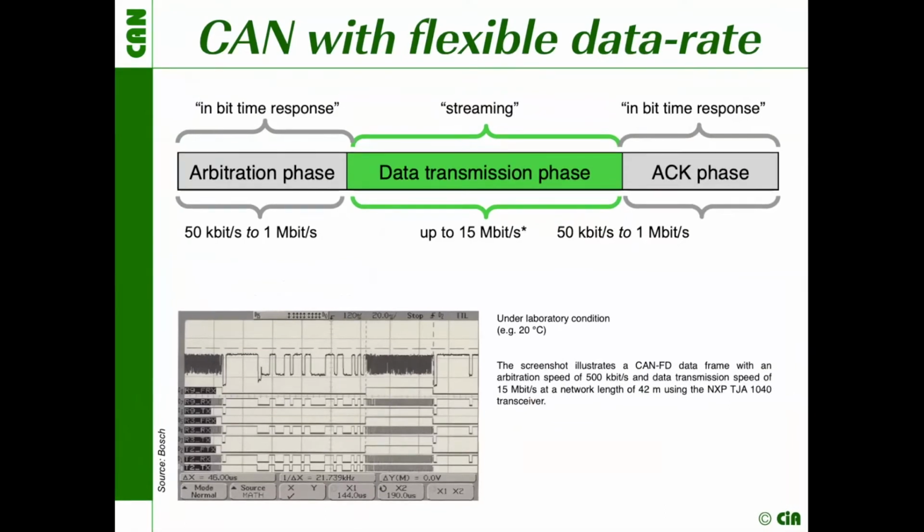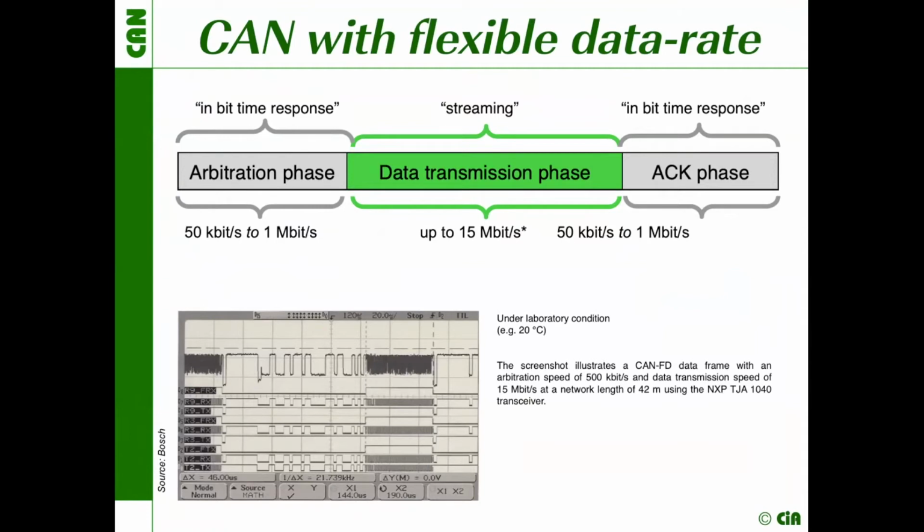The idea of CAN FD is simple. In classical CAN, we have a message. We can subdivide the transmission of the message in the arbitration phase, in the data phase, and in the acknowledge phase. In the arbitration phase, we are trying to find the device, the controller, who is now allowed to speak up, who is now allowed to transmit its data.